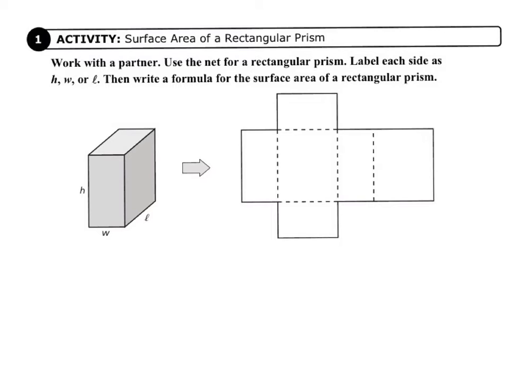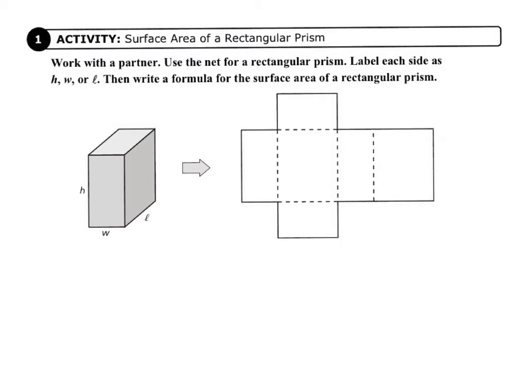So they have drawn for you the net of the three-dimensional figure to the left on the right. It says label each side as H, W, or L, height, width, or length. Then we're going to write a formula for the surface area of a rectangular prism.